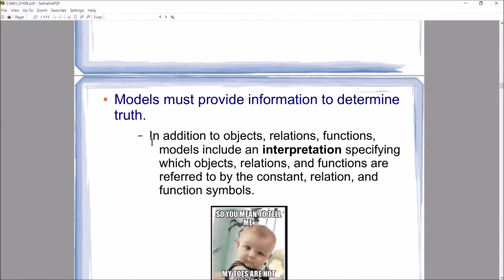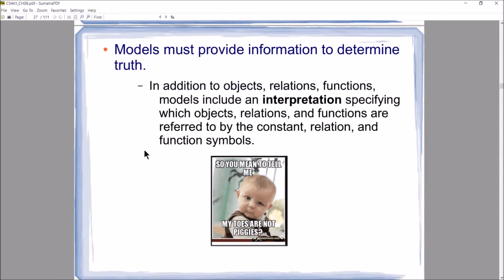Now, models in first order logic have to provide some information to determine what their truth is, just like you had in propositional logic. In propositional logic, you figured out the truth of a model by, we talked about the truth table enumeration algorithm or doing proofs, whatever, right? So in first order logic, you need some information to figure out truth too, but it's going to be a little bit different. To determine truth in first order logic, you have to provide an interpretation.